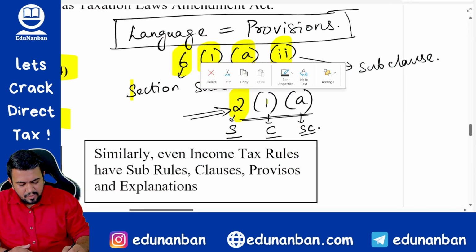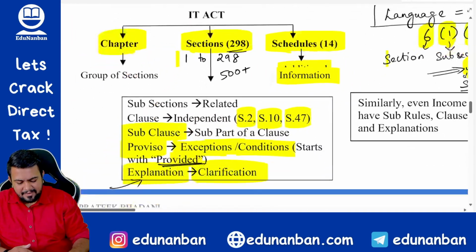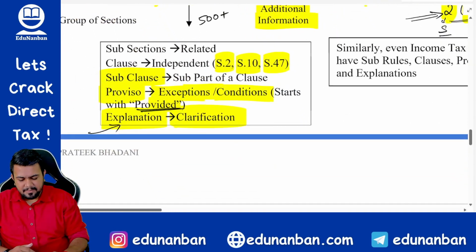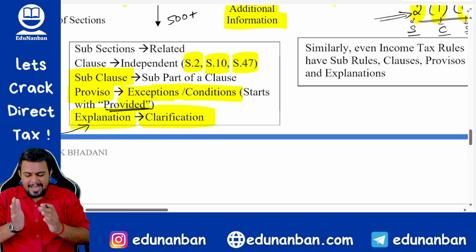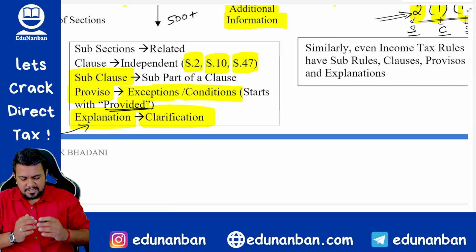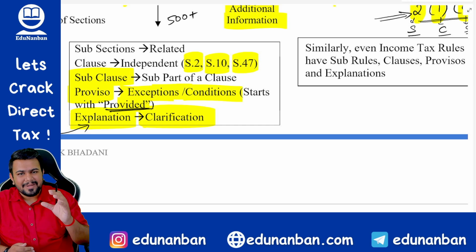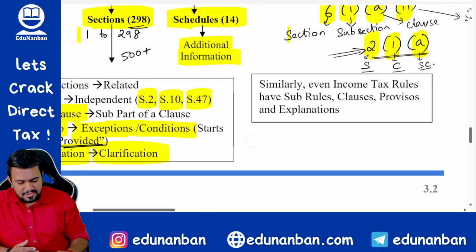So section 2, clause A, subclause, clause 1, subclause A. I gave you the example of the definition section. Then I told you about proviso and explanation. Proviso contains some exceptions or conditions, and explanation will give clarification so that you can have a complete meaning, or clarity about that particular section.